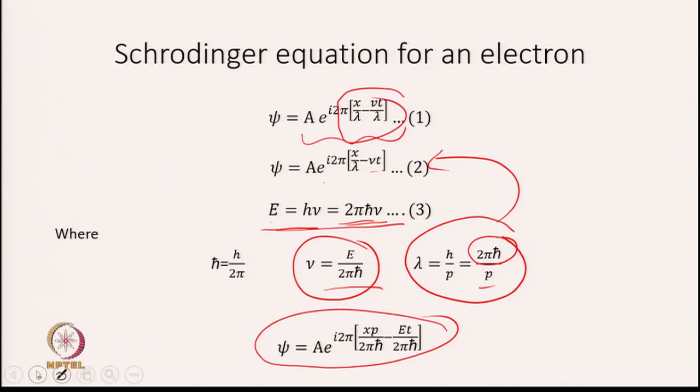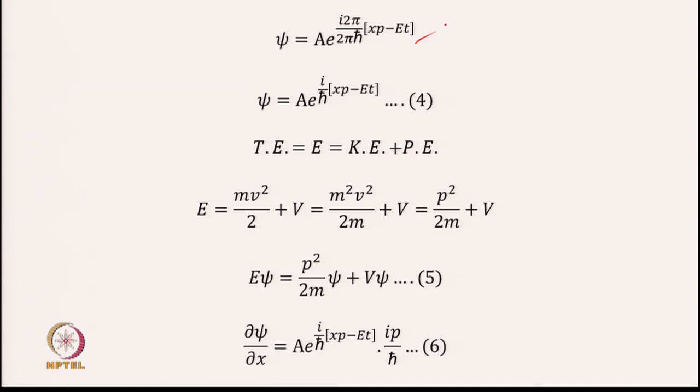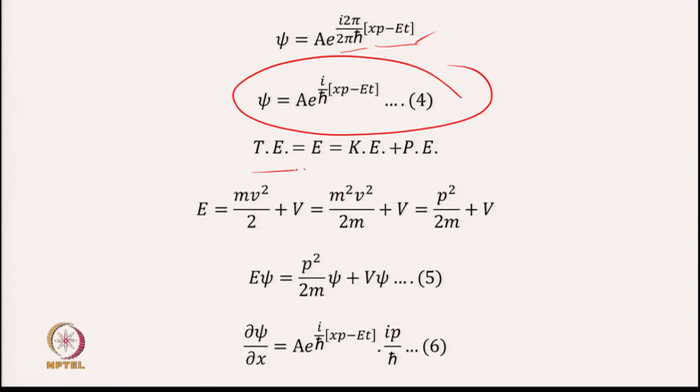The same equation I have written here, only I took 2 pi h bar out. So you can simply write a exponential i 2 pi by 2 pi h bar times (x p minus E t), and the 2 pi cancels out. So this is your equation for a wave function. Now let us see the energy.